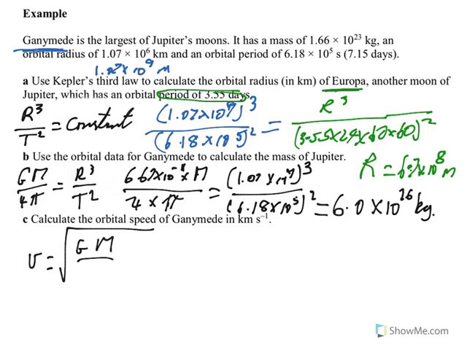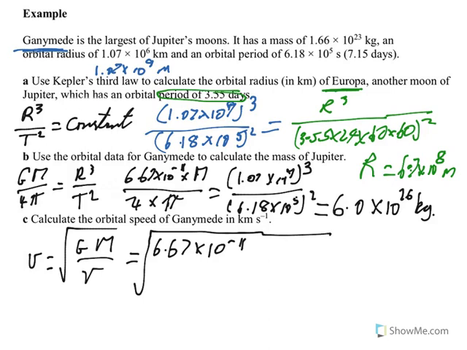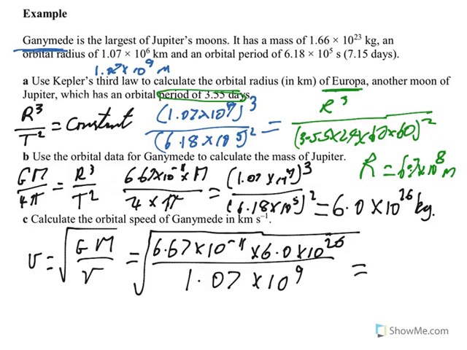So big G, big M on R. So when we do that, we're looking at the square root of 6.67 by 10 to the minus 11 times 6.0 by 10 to the 26 over the orbital radius of Ganymede. There we are, 1.07 by 10 to the 9. We stick all of that in our calculator, and we get an answer of 6,115, and that's metres per second.